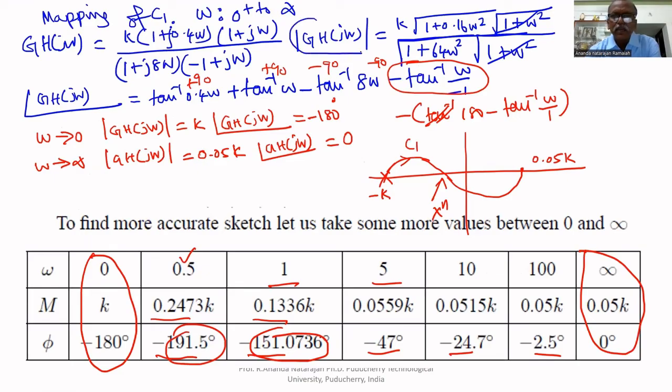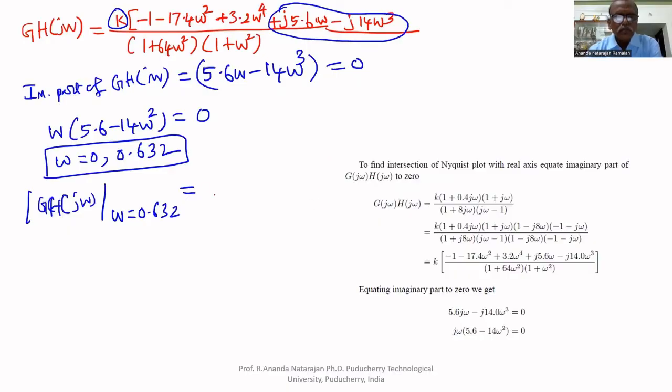If we substitute here, what you will get is 0.2k.